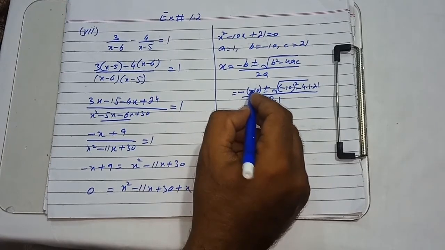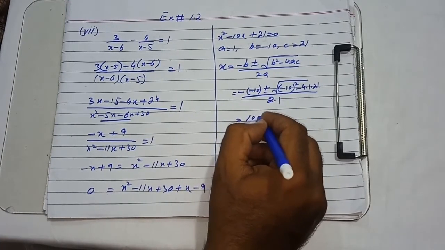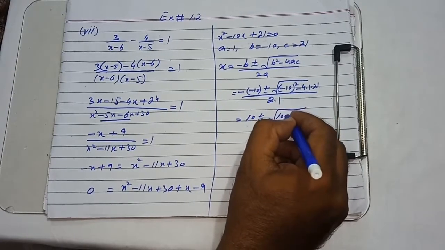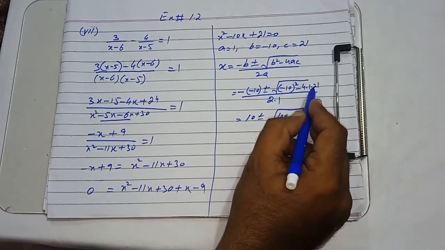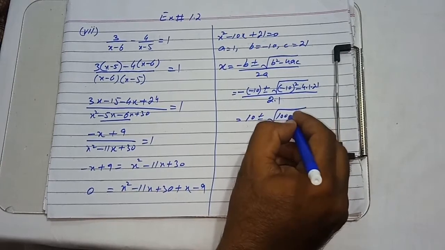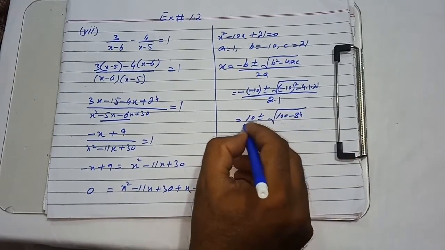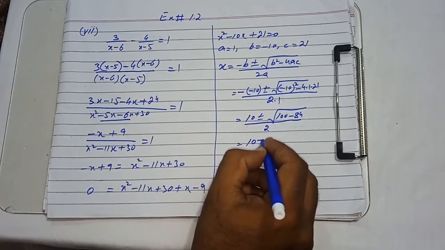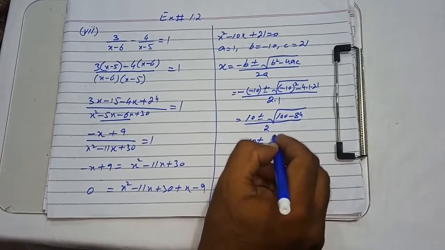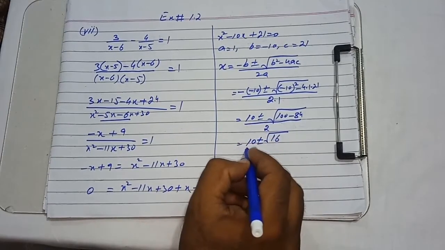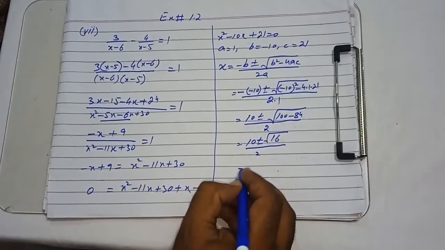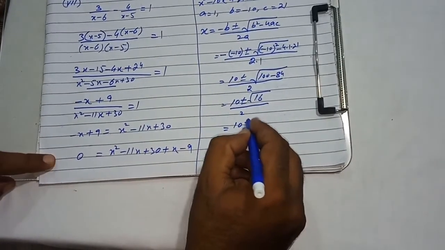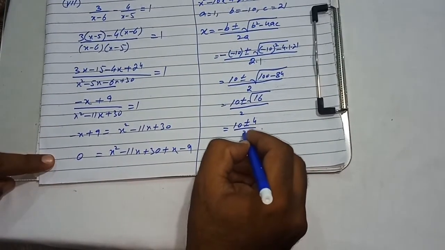When this minus multiplies with this minus, we will get plus 10 plus minus under root square of minus 10, which means 100. Whereas 4 will multiply by 1 and 21, and we will get minus 84 over 2 1s are 2. So 10 plus minus 100 minus 84 means 16 under root over 2, and under root 16 means 10 plus minus 4 over 2.